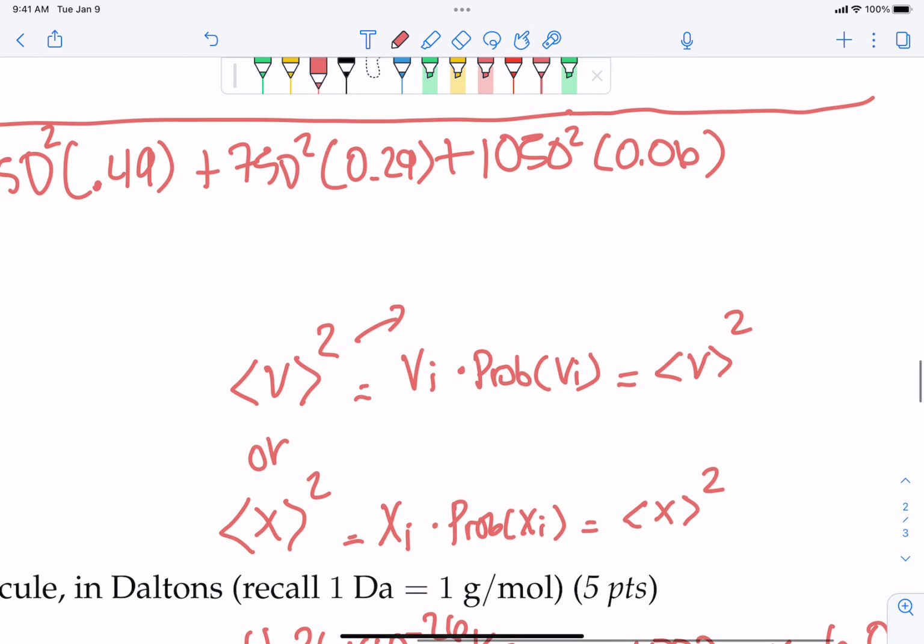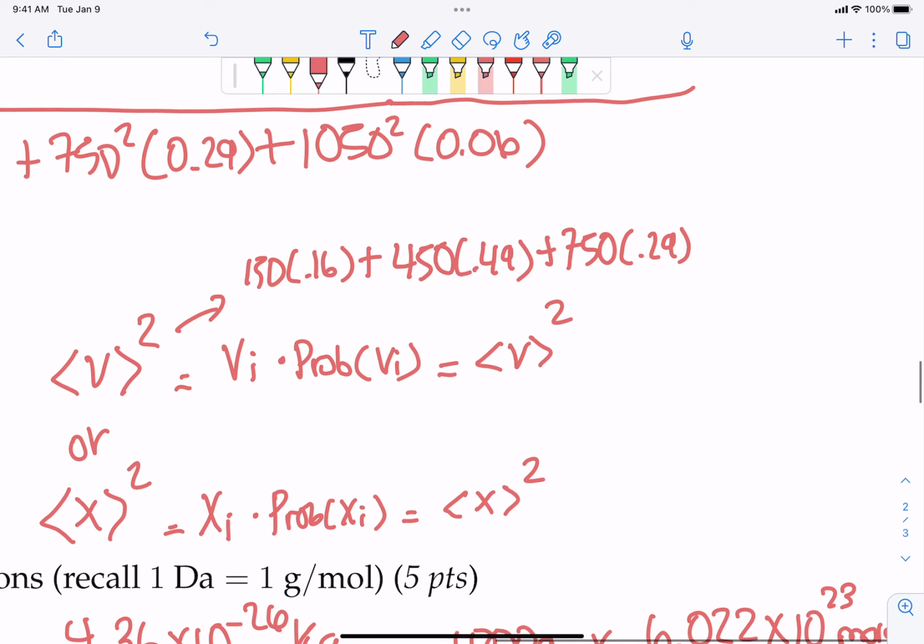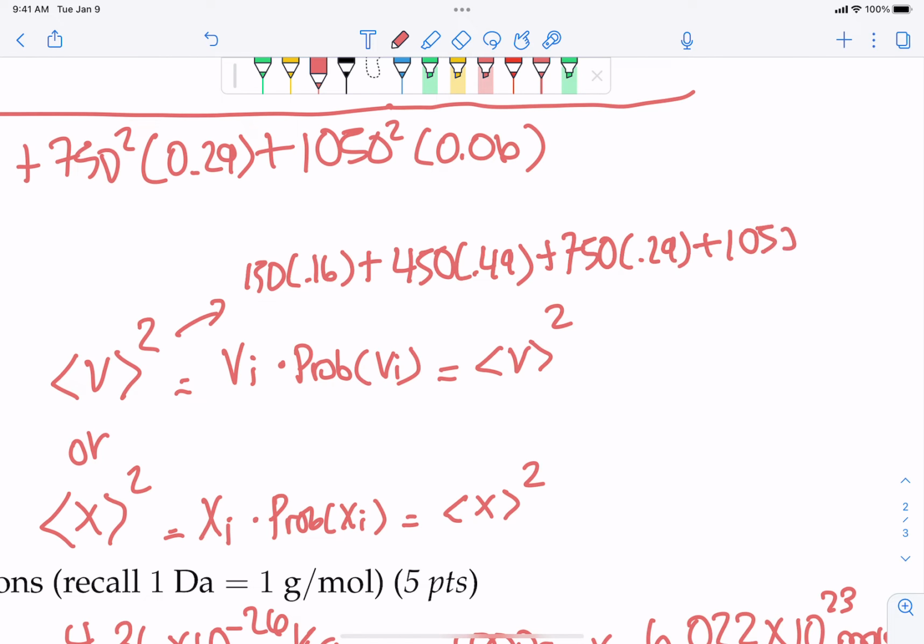So I can just do 150 times 0.16 plus 450 times 0.49 plus 750 times 0.29 plus 1050 times 0.06, right? I'm going to get like 525 meters per second for this, right?